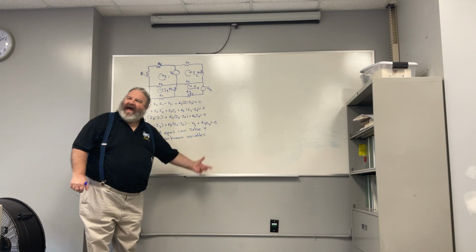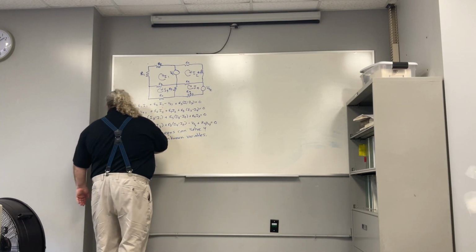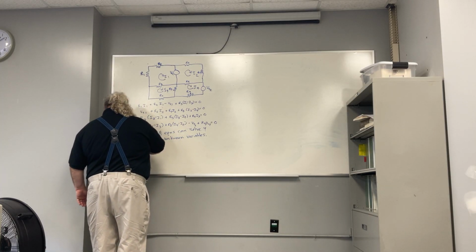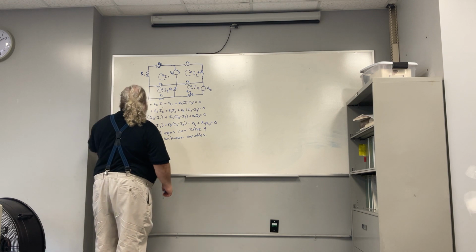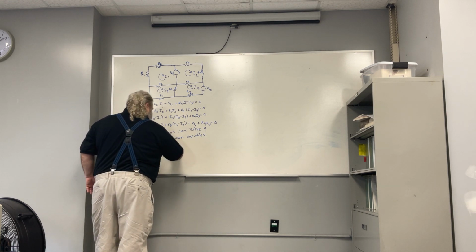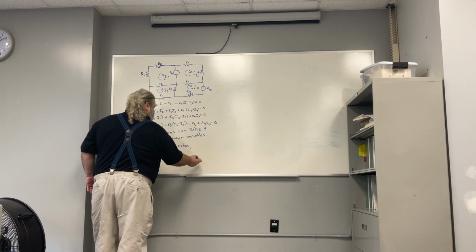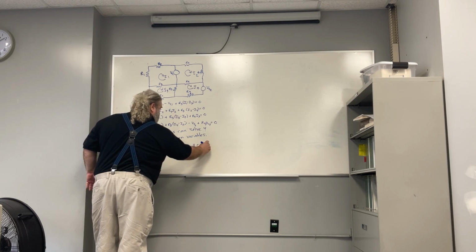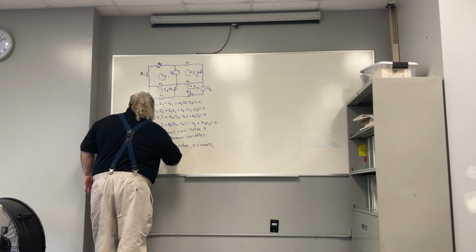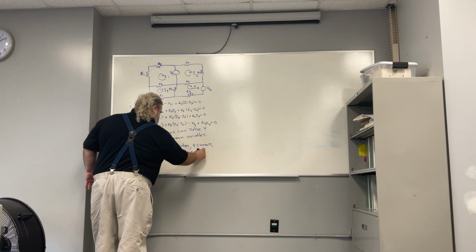How many variables do I have here? Well, let's see. How many resistors do I have? 9. So I have 9 resistors. How many currents? 4. And how many voltage sources? 2.